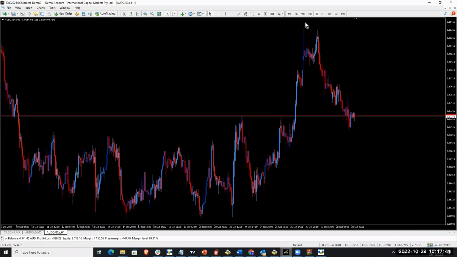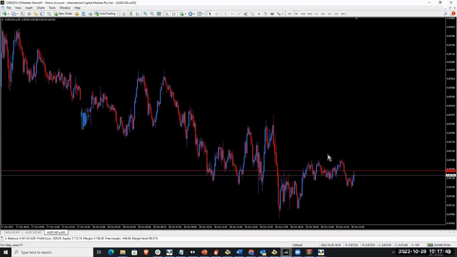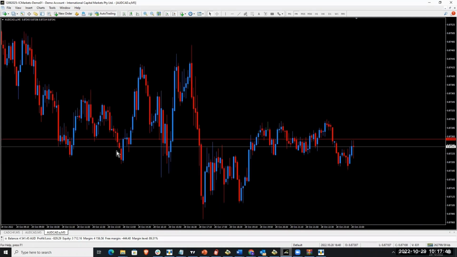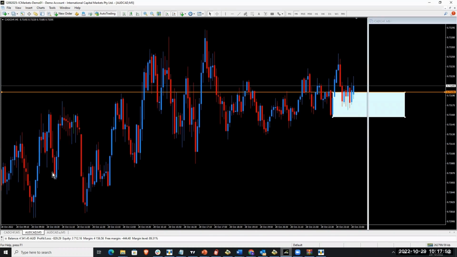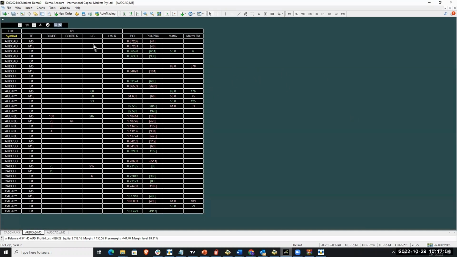If you go to the M5 time frame, we're going to have an indicator which automatically puts those setups into the scanner. What we see on the scanner, they will put on the chart as well. But at the moment, let's do it manually. It's Australian Canadian dollar 87286.